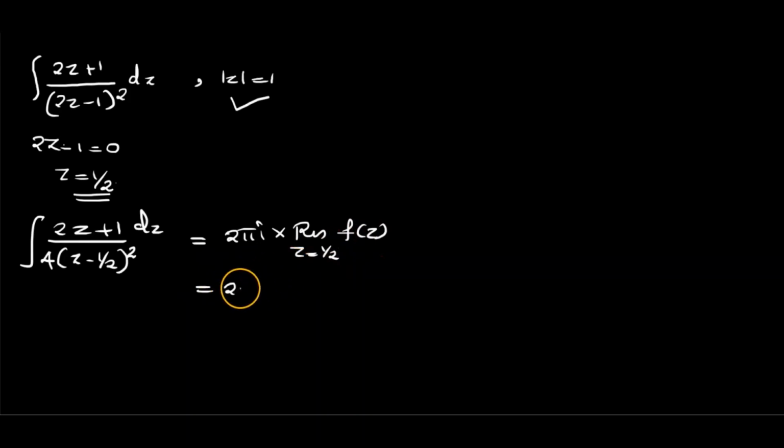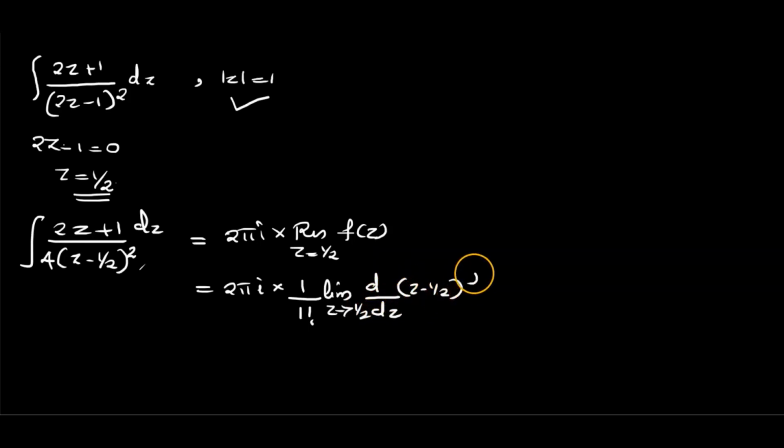In order to find the residue at a pole of order n, we use the formula 1 by (n minus 1) factorial. Here n is equal to 2, this is a pole of order 2. So 2 minus 1, 1 factorial into limit z tends to 1 by 2 of d to the n minus 1, that means d by dz of (z minus 1 by 2) into f of z.